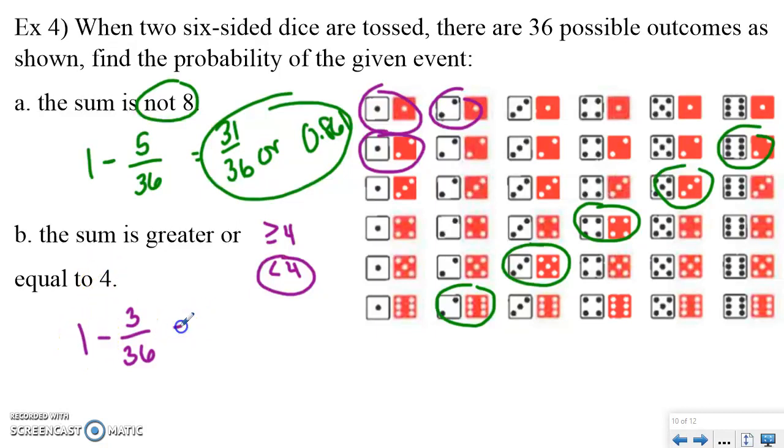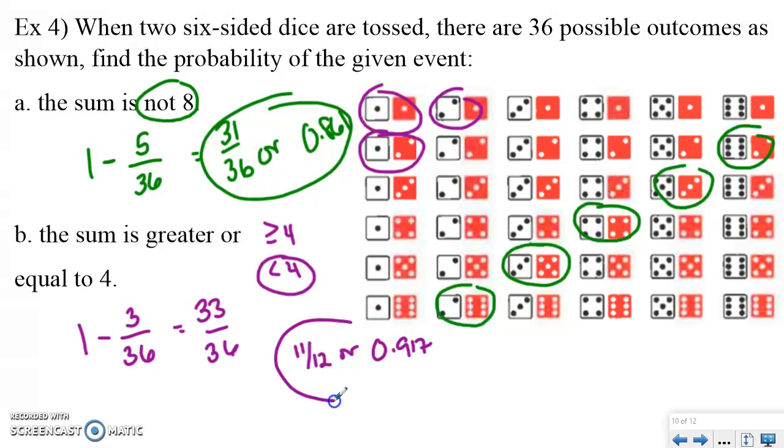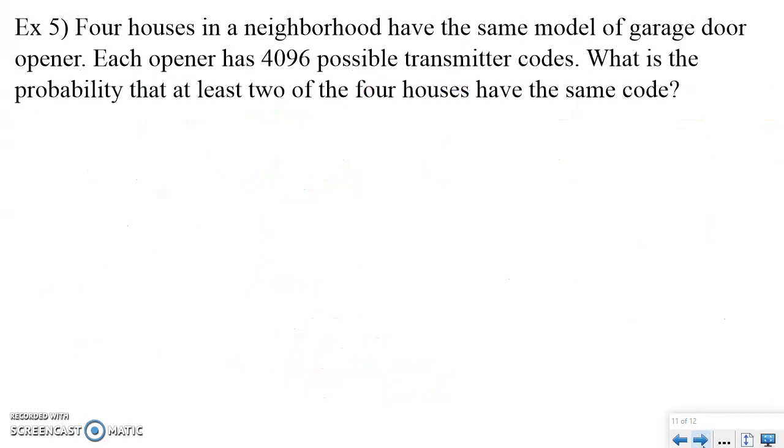And we're going to subtract that from 1, so I end up getting 33 out of 36, which reduces. If I divide them both by 3, I get 11 out of 12, or as a decimal, 0.917. Okay, so those complements definitely made that a lot easier to handle instead of trying to calculate that by counting all of those. Okay, one more.